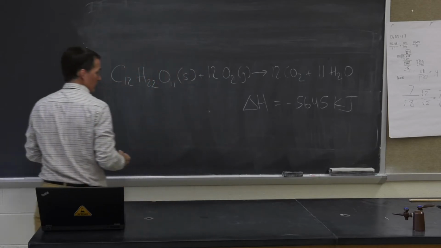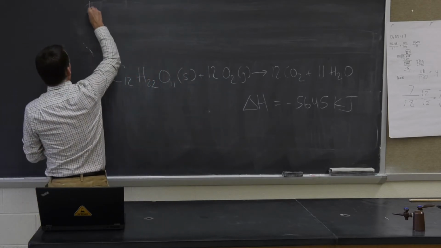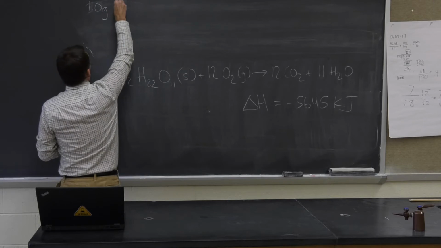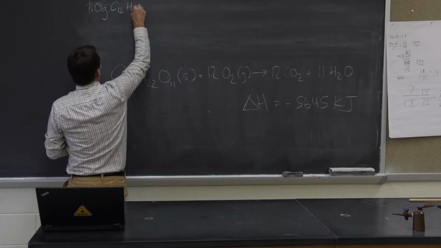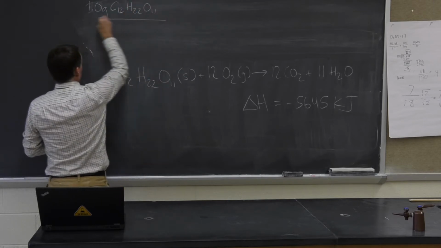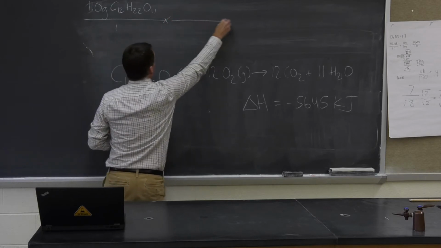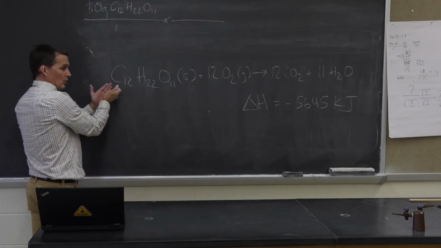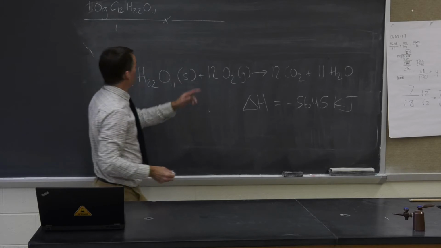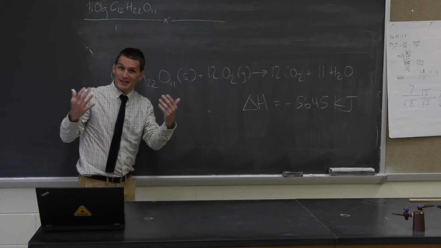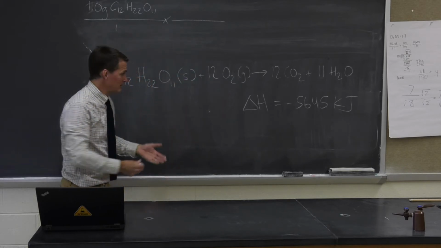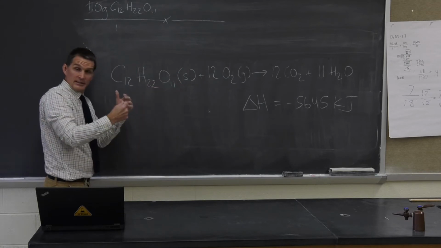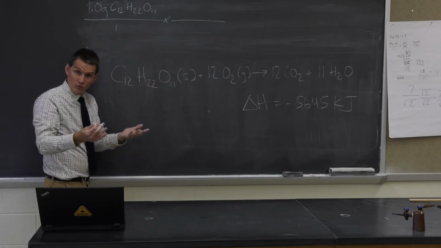Okay, so I'm going to start with what's given to me, 1.0 gram of C12H22O11. This equation does not speak to grams. It's like any normal stoichiometry problem. The equation that you see doesn't speak to grams, it speaks to moles.